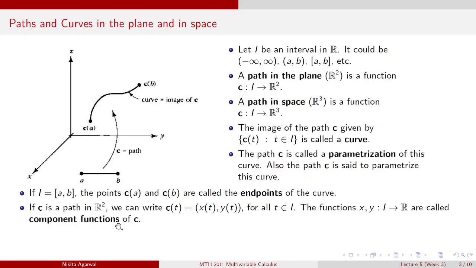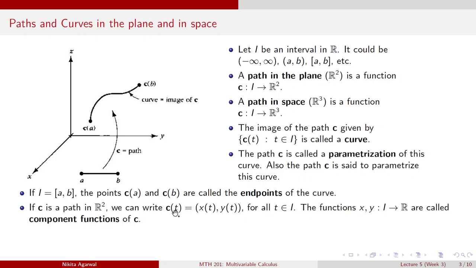If C is a path in R2, that means C will have two coordinates, right? At every t, C(t) will be a point in R2, and a point in R2 has two coordinates, x and y.